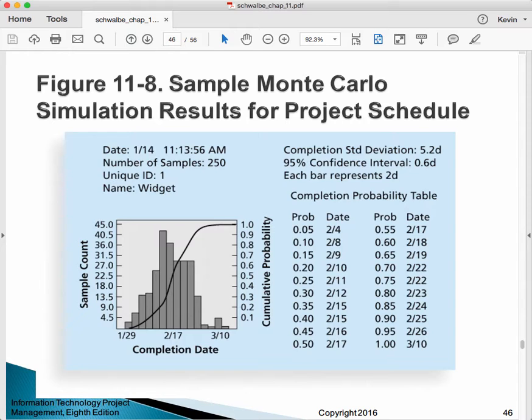Okay? So Monte Carlo simulation is cool stuff. I haven't used it in planning a project myself. I'm a man who's been in search of the right project to use Monte Carlo simulation on for 35 years.